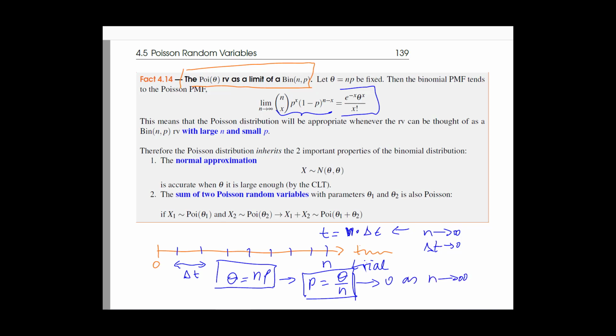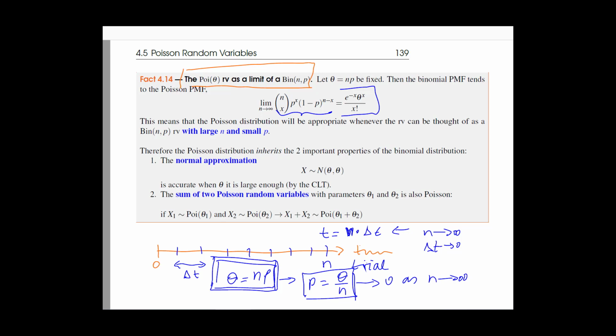But the product n times p is constant and is equal to theta, right? So that's the limit we're taking. It's n going to infinity, therefore p will go to 0, but the product of n and p is constant. And again, please take a look at the proof in the next slide to see the mathematics. But that's the intuition, okay?